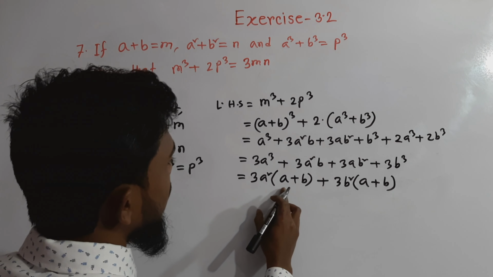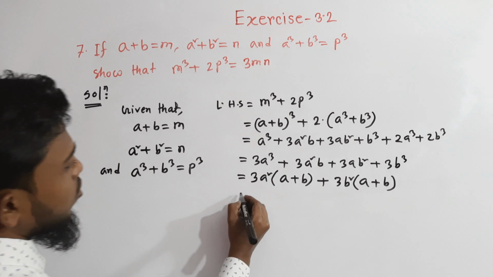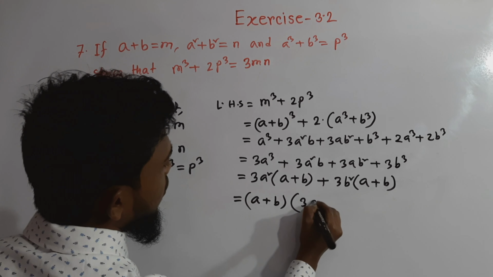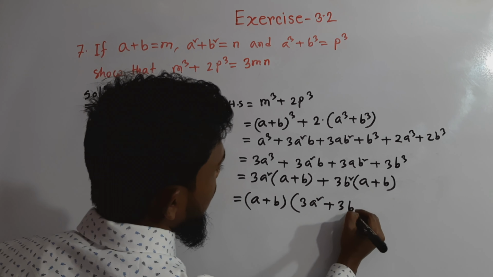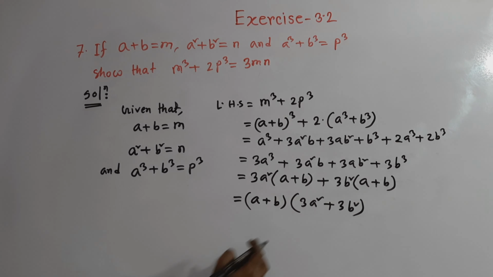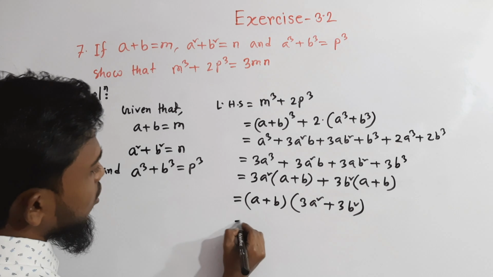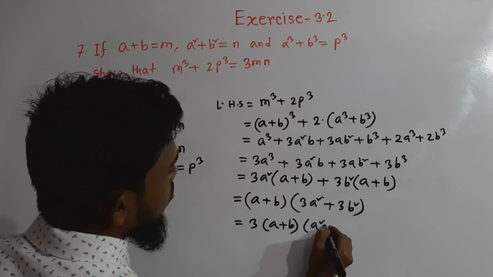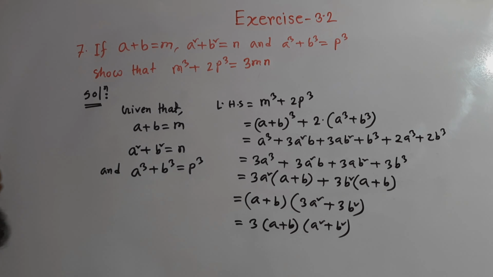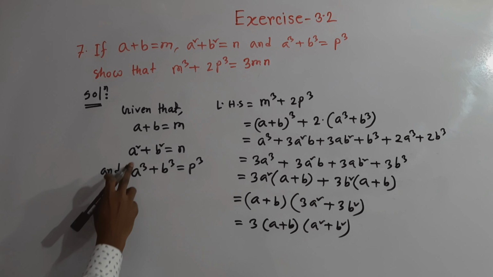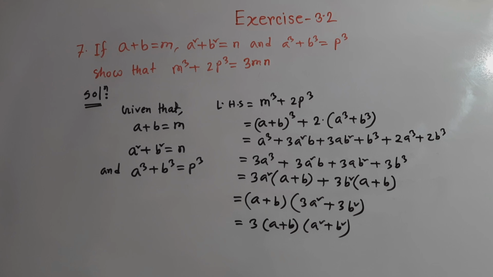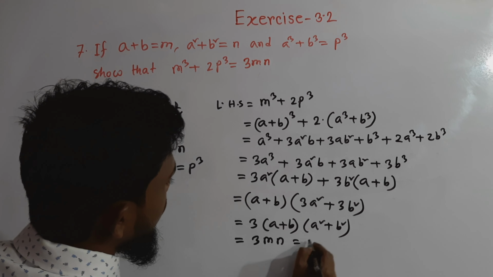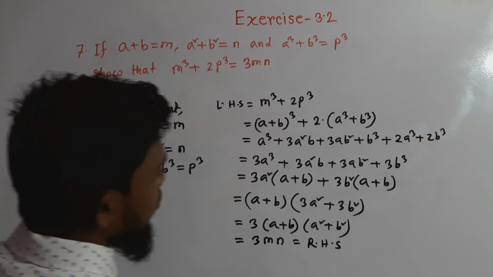Now taking common (a plus b) from these two terms, we can write (a plus b) into (3a square plus 3b square). Now taking common 3, we can write 3 into (a plus b) into (a square plus b square). Our value a plus b is equal to m and a square plus b square equal to n. So we can write 3mn, which is equal to the right hand side. Shown.